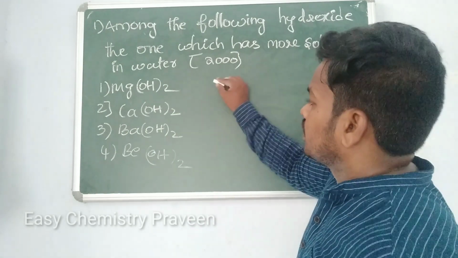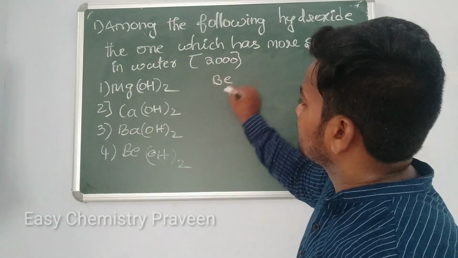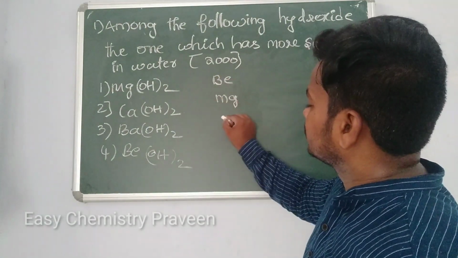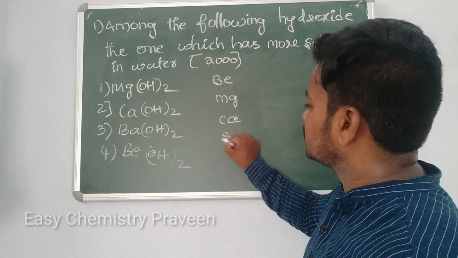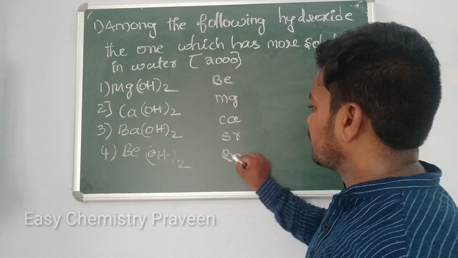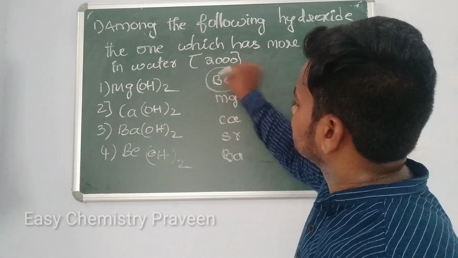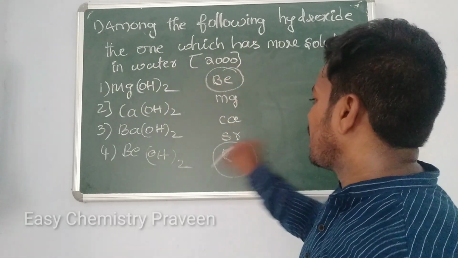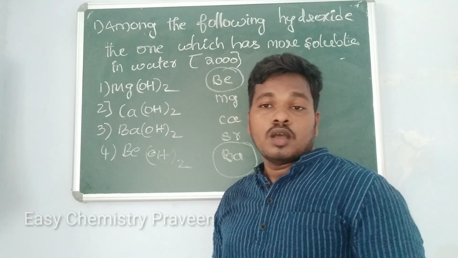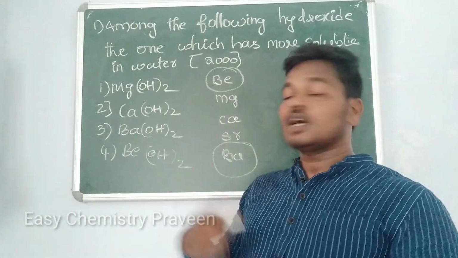Here you can see beryllium, magnesium, calcium, strontium, barium. Beryllium has the small size and barium has the large size, so Ba2+ has the large size.